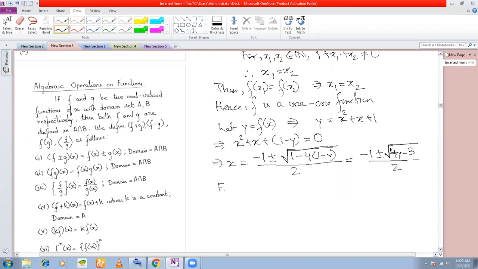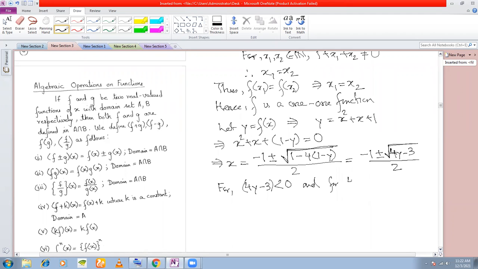That means for 4y minus 3, in fact, even for 4y minus 3 less than 0, what happens? It becomes a complex number also, which is not there in A, which will obviously not have an image in A, right? Because A is also a set of natural numbers.